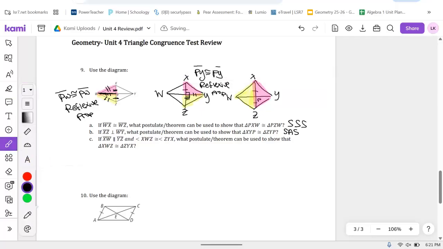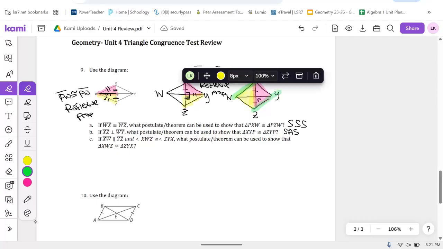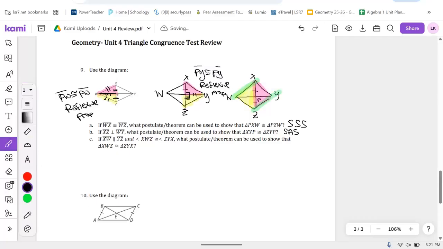Now we are told that they're parallel, so let's just do green. This is parallel to this, okay? And then we are also told that this angle is congruent to this angle. Now, based on the transversal and parallel lines, I can say that this angle and this angle are congruent for alternate interior angles, okay?